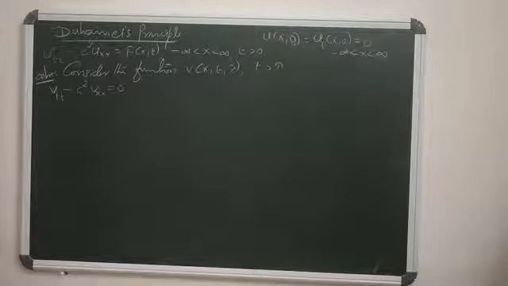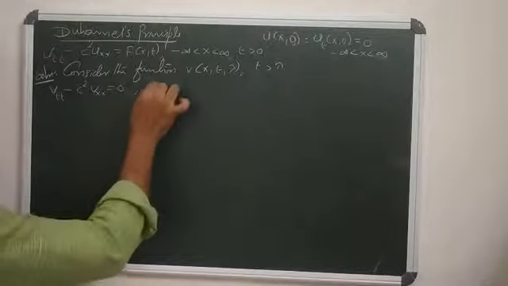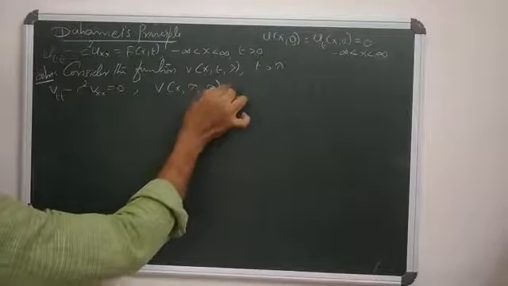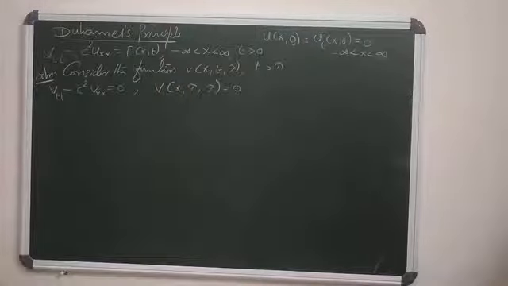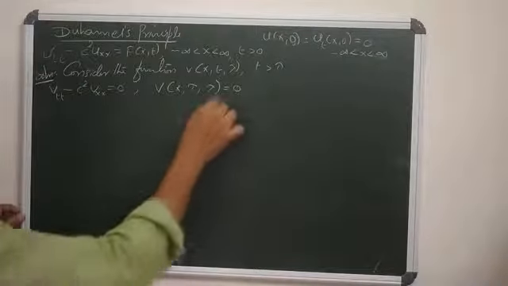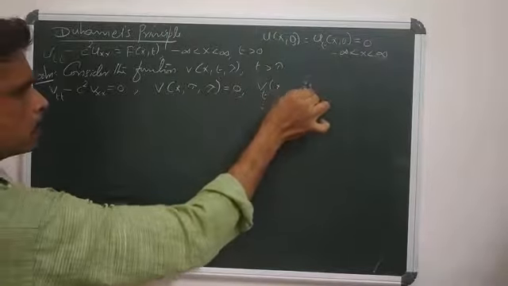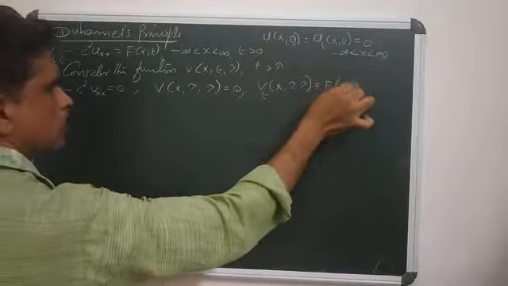That's our assumption, with the conditions v(x,lambda,lambda) equals 0 and v_t(x,lambda,lambda) equals f of x, lambda.